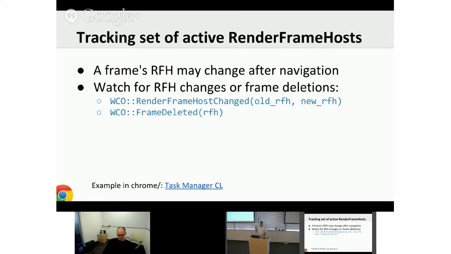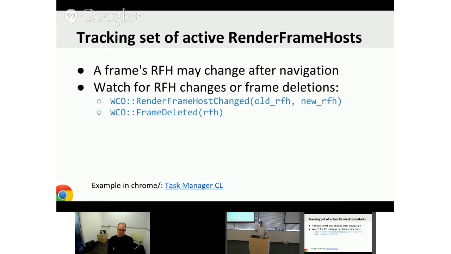So this was for tracking the render frames in the renderer. If you want, for example, as the task manager, which we pointed out as an example CL here, to track the set of all current render frame hosts, you need to subscribe to listen to the render frame host changed event, which is fired every time we create a web contents, and in that case we supply a null pointer as the old render frame host because nothing has changed from the past.